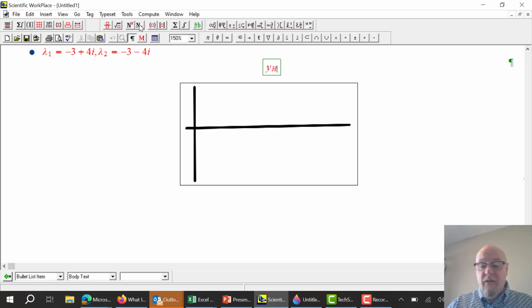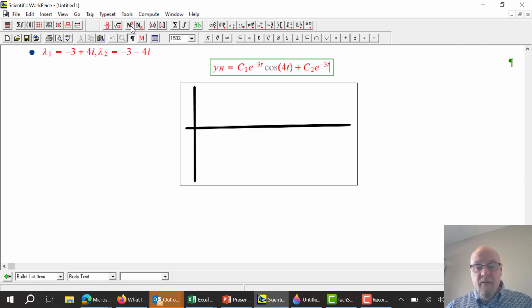So the homogeneous solution could be equal to c1, again I'm going to have two constants because it's a second order equation, e to the real part of the eigenvalue t times cosine imaginary part of the eigenvalue t plus the other constant e to the real part of the eigenvalue t times sine imaginary part of the eigenvalue t.